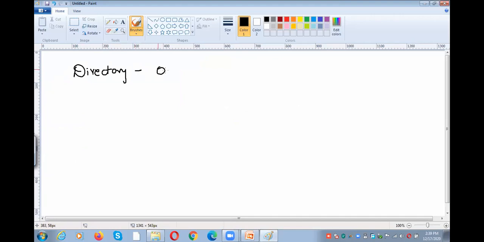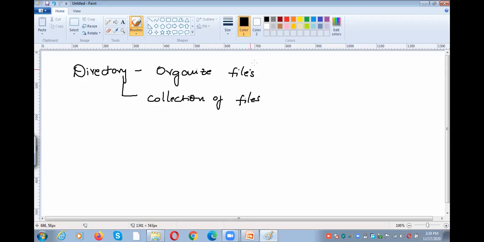Directory is used to organize the files, right? That means a directory is a collection of files.